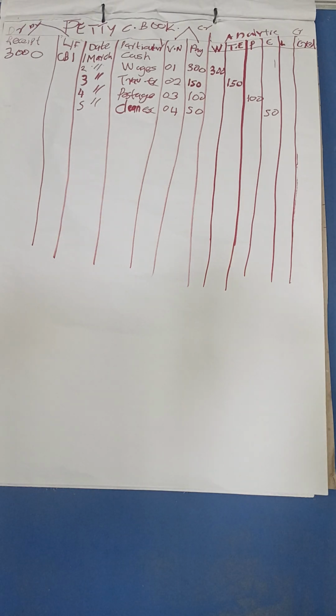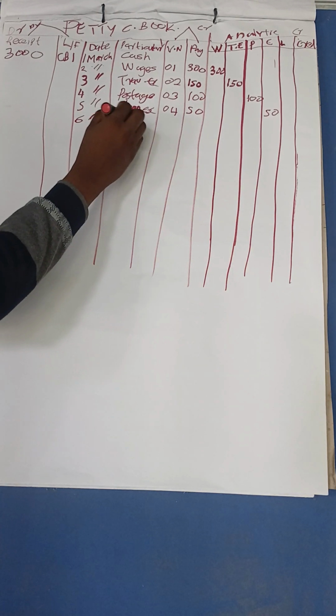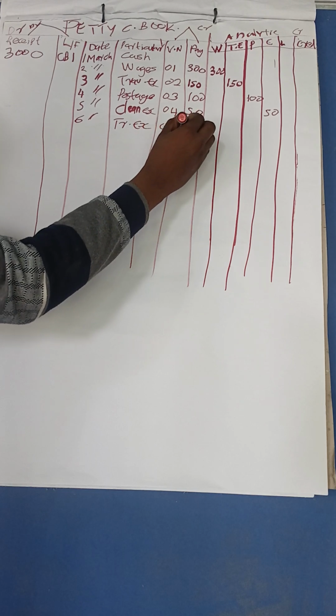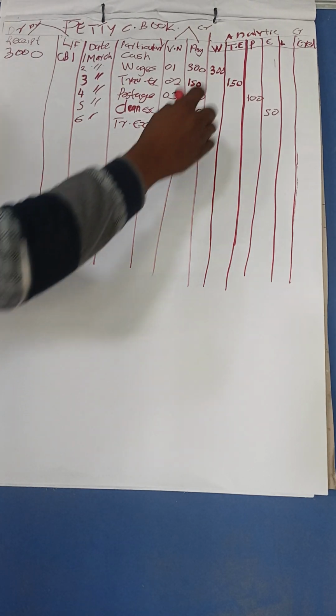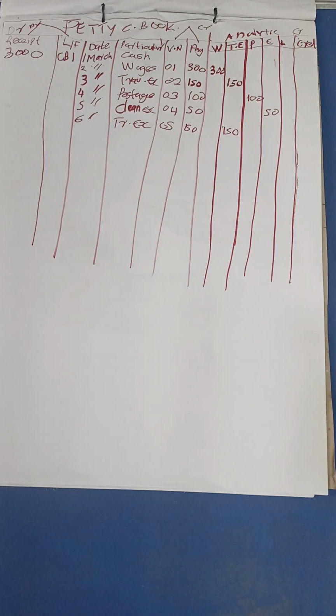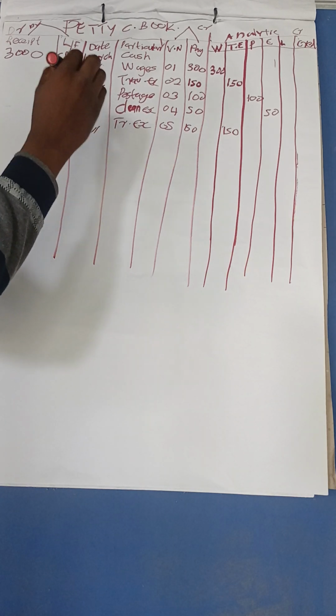You're being told on the 6th, traveling expense 150. On the 6th also we had traveling expense. Voucher number 5, 150, under traveling expense. So we go under traveling expense right there. Good. Next, wages on the 7th. You come right here, date 7, under March.